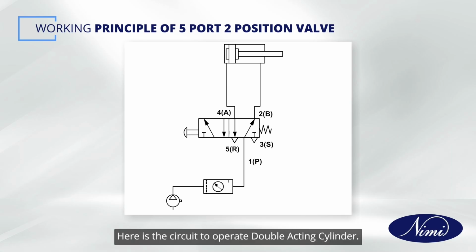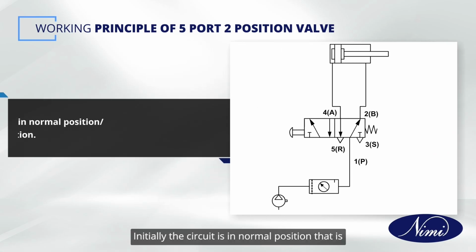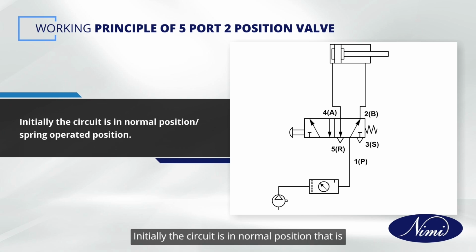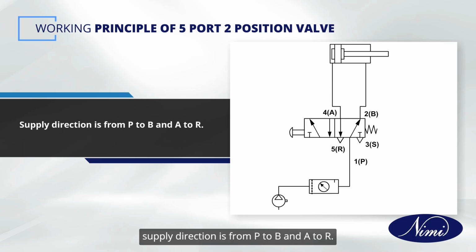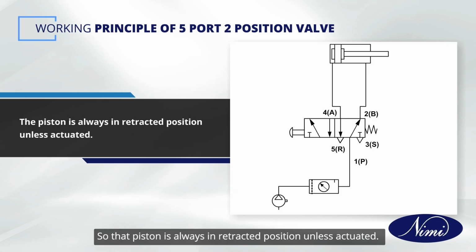Here is the circuit to operate the double-acting cylinder. Initially, the circuit is in normal position, that is, the spring-operated position. Supply direction is from P to B and A to R, so that the piston is always in retracted position unless actuated.